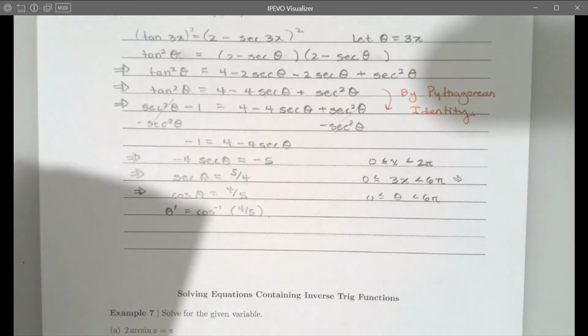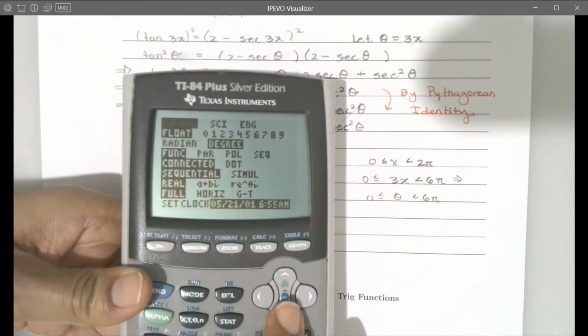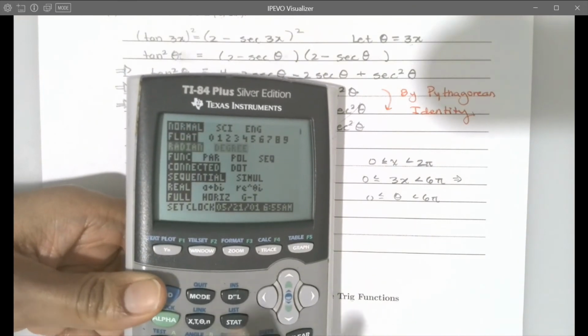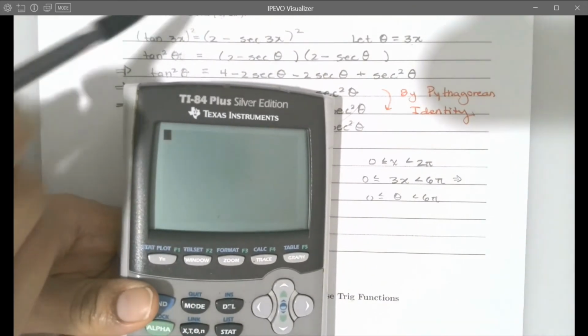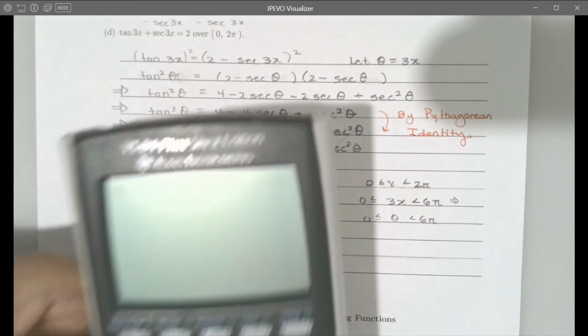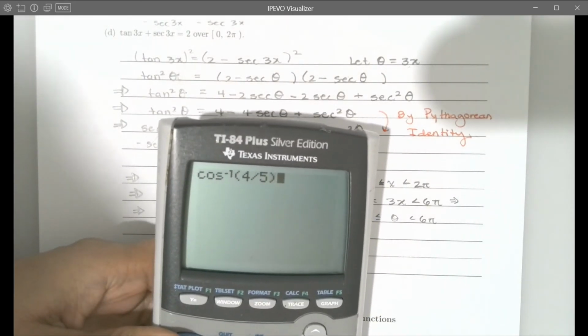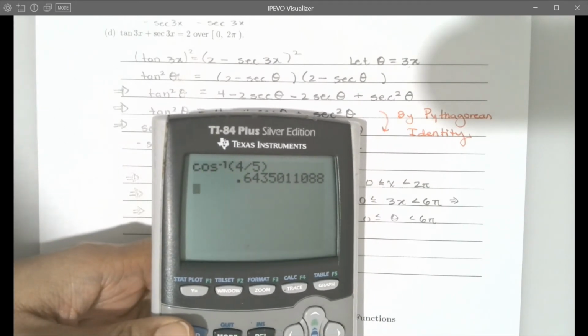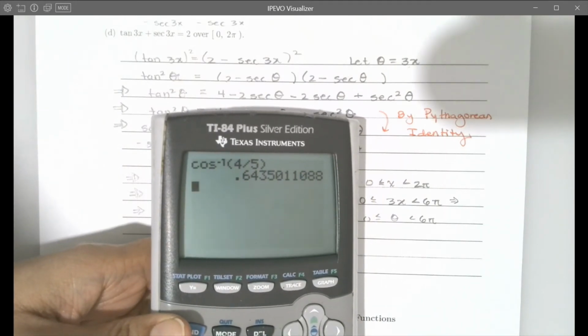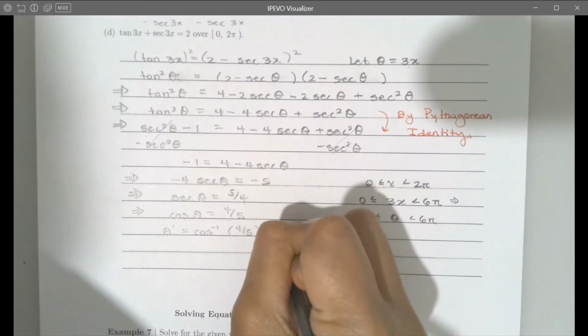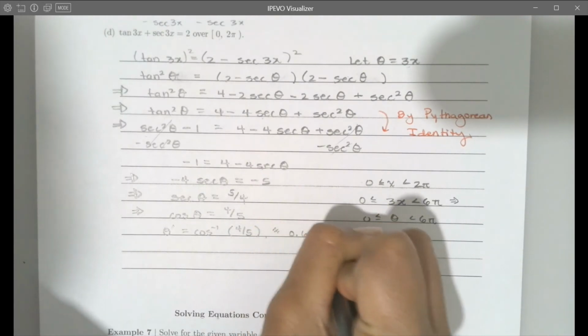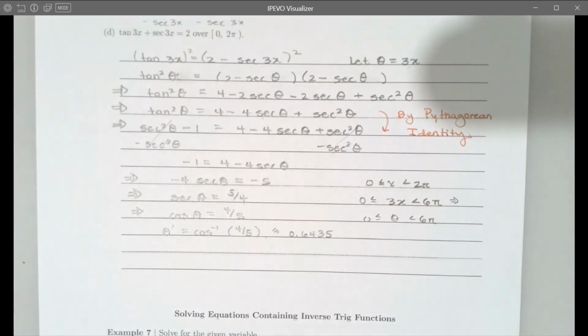So make sure that we're working in radians again, because they do want the range to be 0 to 2 pi. Okay, so cosine inverse of 4/5 is going to be 0.6435. And that's an approximation.